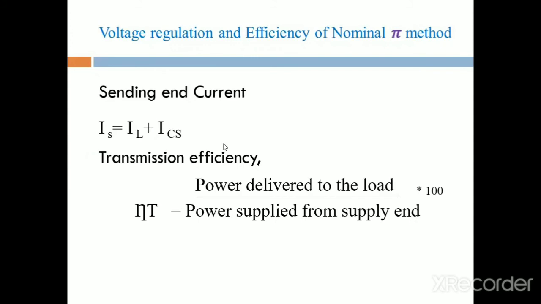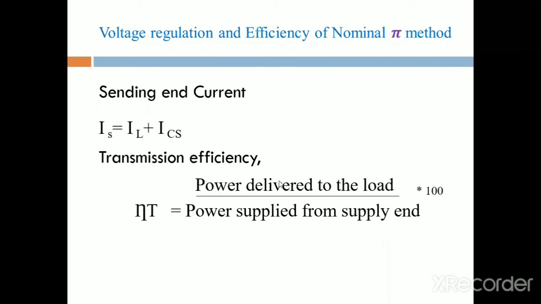First, what is meant by the efficiency of a transmission line? The efficiency of the transmission line is equal to the power delivered to the load by the power supplied from the supply end, into 100. We already know the transmission efficiency: it is the ratio of power delivered to the load by power supplied from the supply end. What is the power delivered?